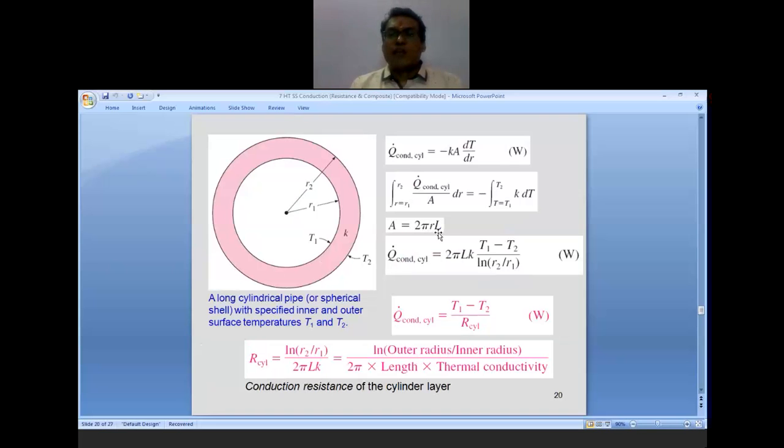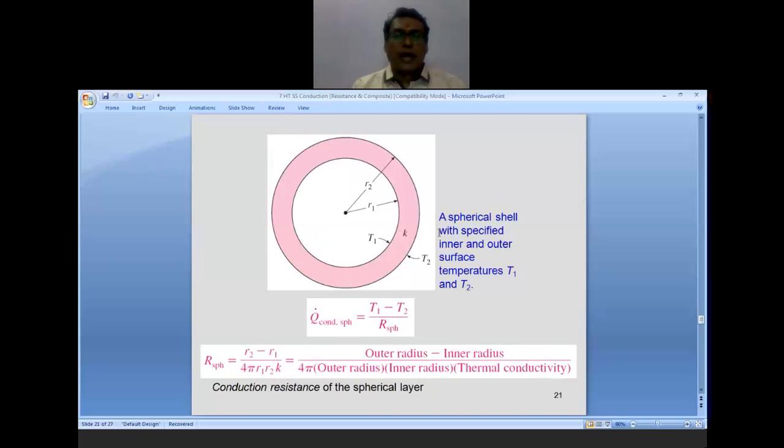You have to take the area of a sphere, and with similar steps you can do the simplification, so that conduction through the sphere will be equal to the temperature difference upon (R2 minus R1), into 4 pi R1 R2 into K.